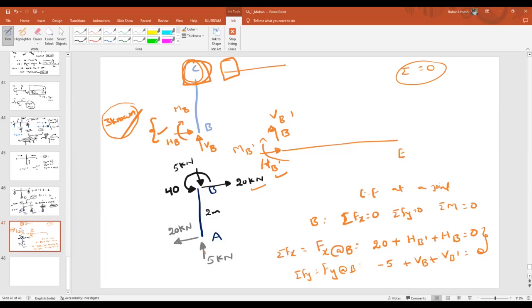We have applied equilibrium equations on AB. We found these 3. Then we resolved this joint. As we have seen, if we imagine these 3 can be found, we have considered the equilibrium of BC. As these 3 are known, by using the equilibrium equations of BC, these can be found.